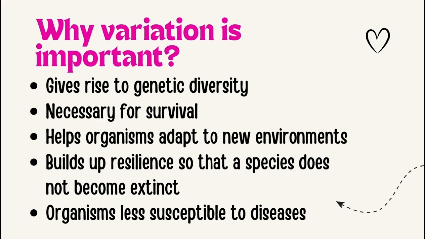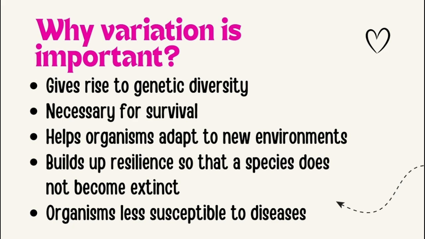It builds up resilience so that a species does not become extinct, and it also makes organisms less susceptible to diseases. By the way, the variation comes from sexual reproduction and only sexual reproduction. With asexual reproduction, say a flower reproduces asexually and creates a bunch of offspring.